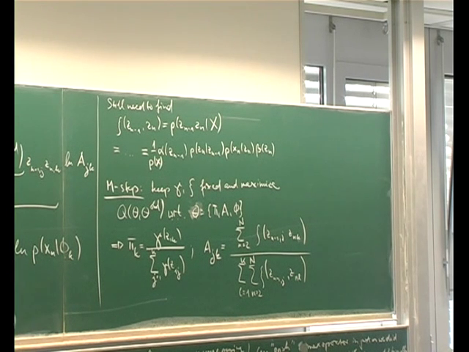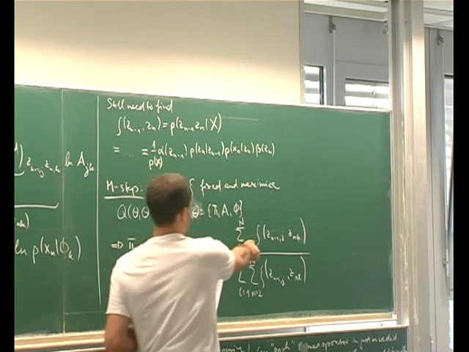Let me just check. It is psi of z_{n-1}=j and z_n=k, which is used here.